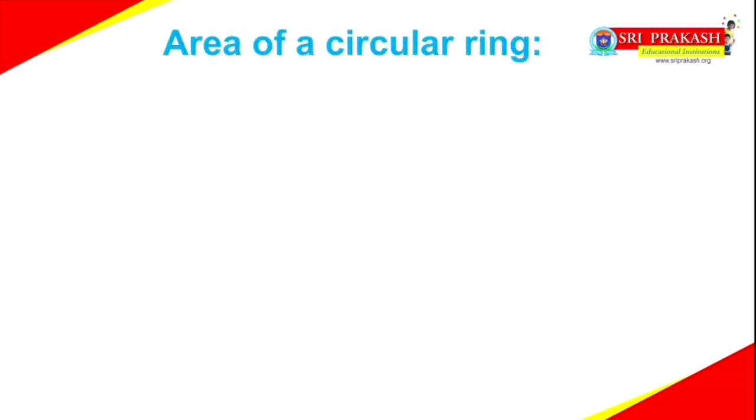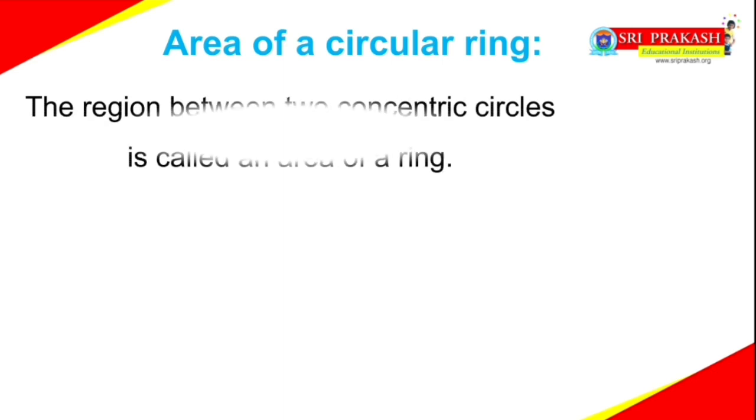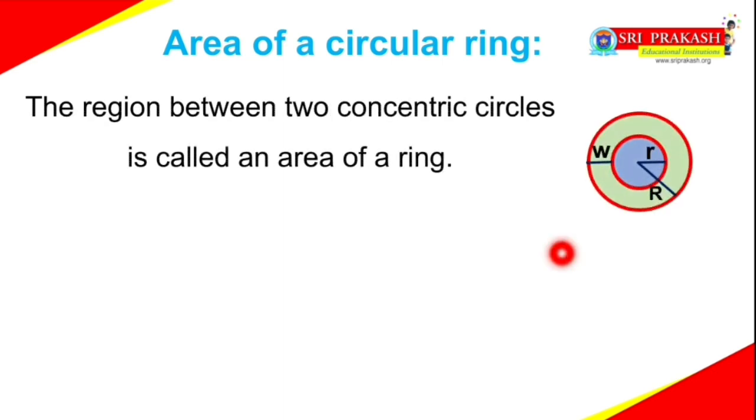Area of a circular ring. The region between two concentric circles is called the area of a ring. From the figure, the area of the green colored portion is equal to the area of a circular ring.